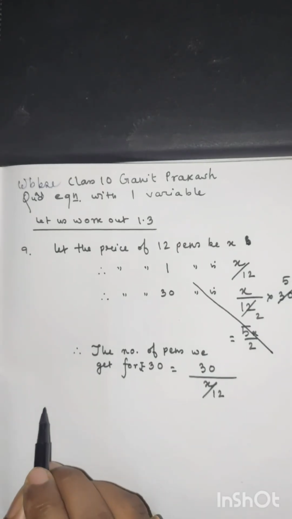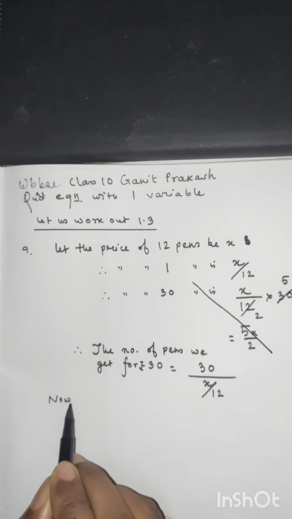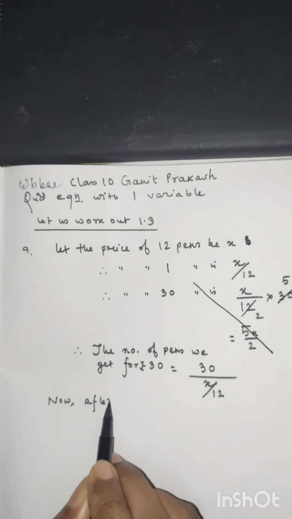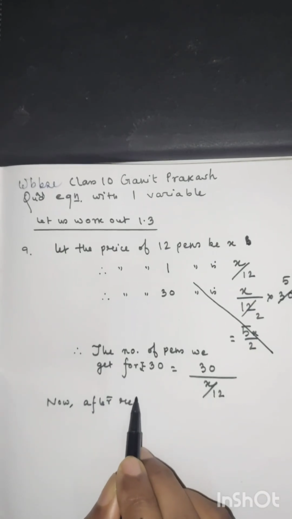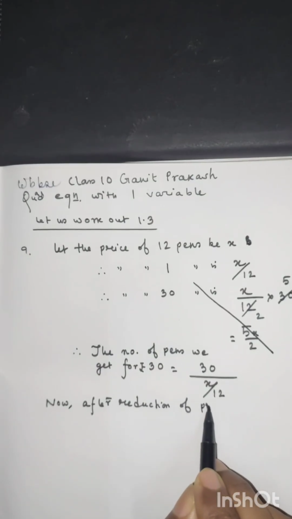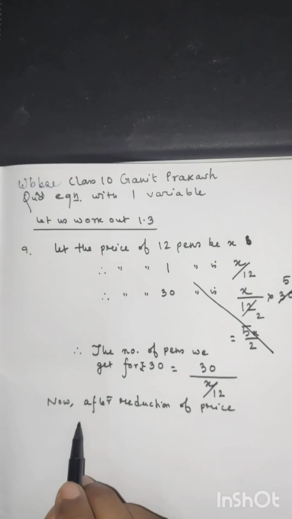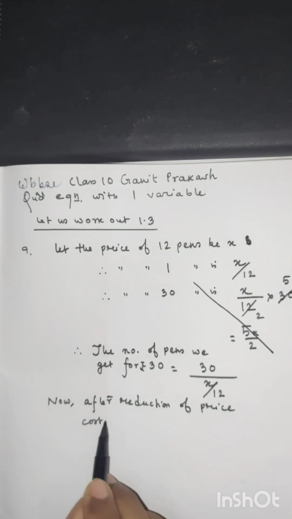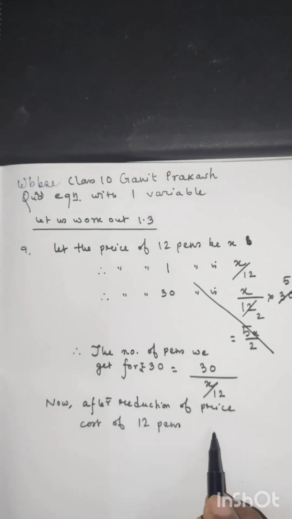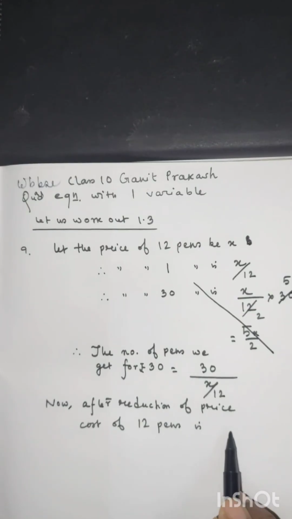Now after reduction of price, the cost of 12 pens is x minus 6.